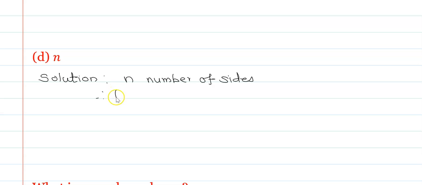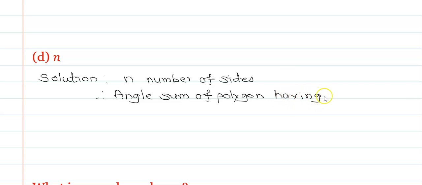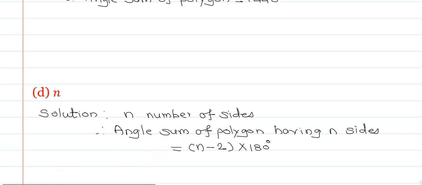Therefore, angle sum of polygon having n sides, that's equal to n minus 2 into 180. Okay, this is the formula, generalized formula.